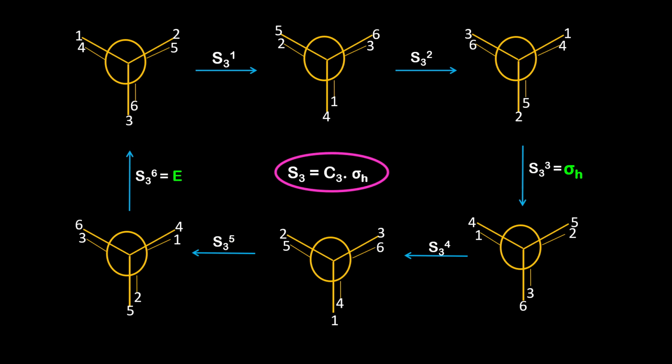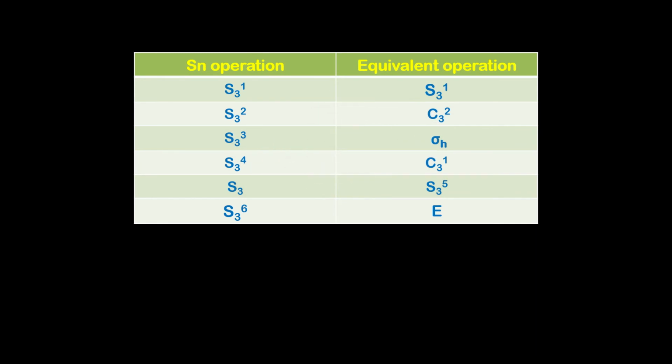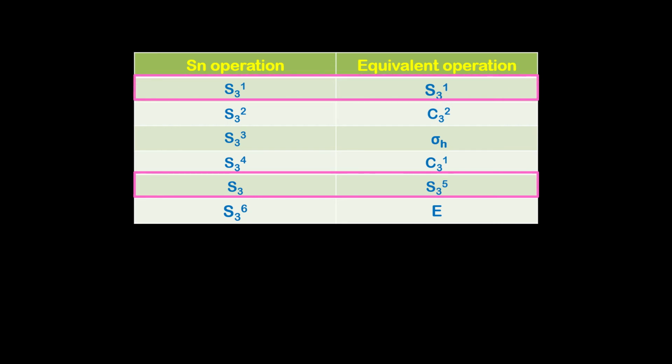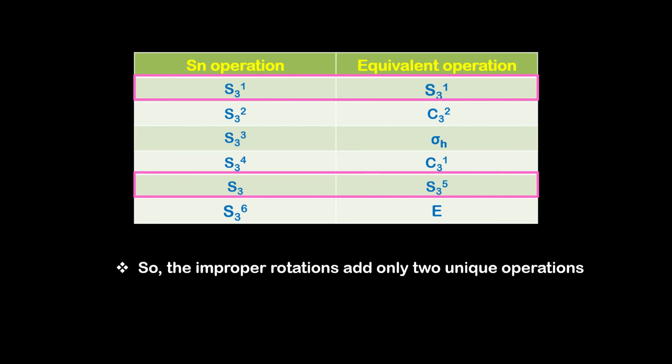This is about eclipsed ethane. Now the conclusion. We have six different improper rotational operations in which equivalent operations are there. Only S3^1 and S3^5 are the two unique operations.